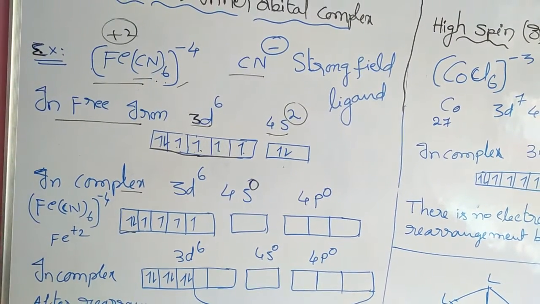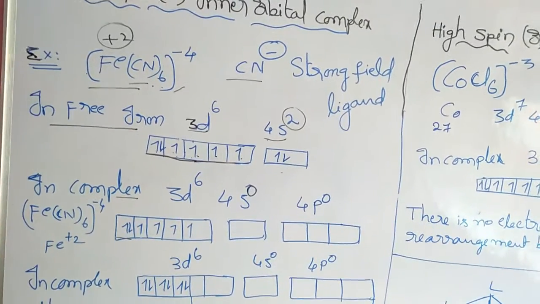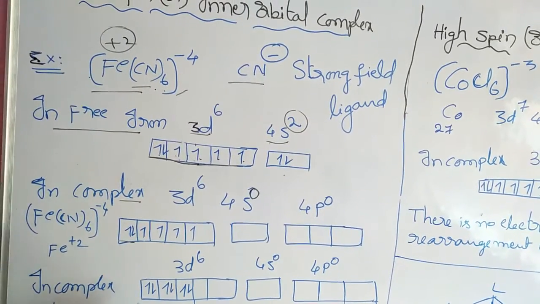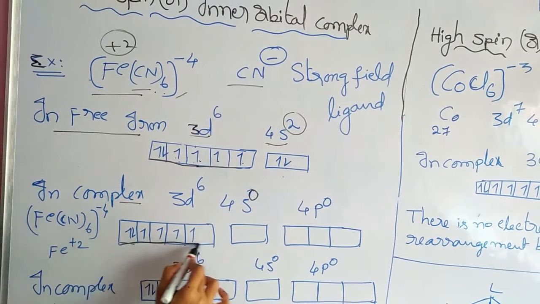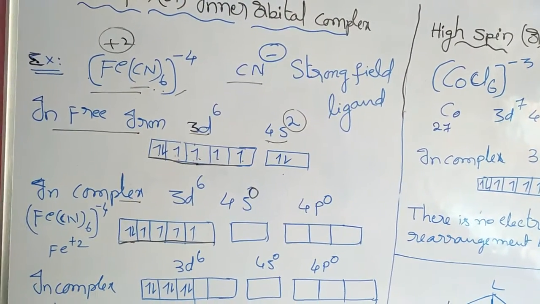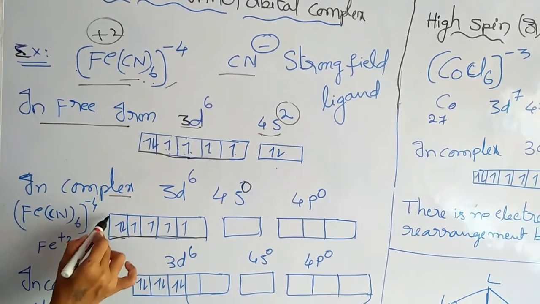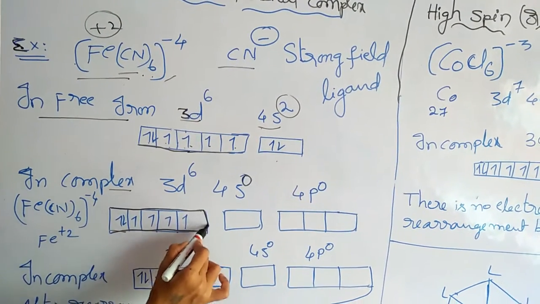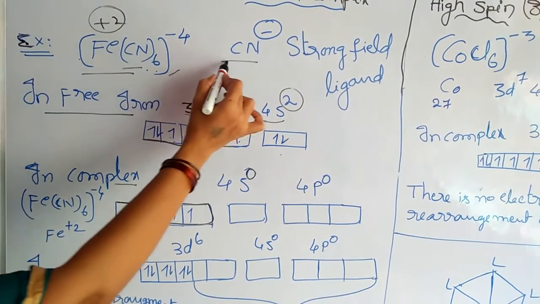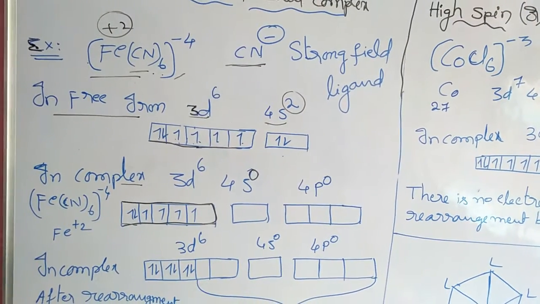After formation of the complex, electron rearrangement takes place. Why does electron rearrangement take place in this complex? Because the ligand is a strong field ligand.